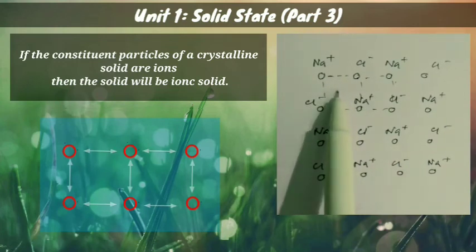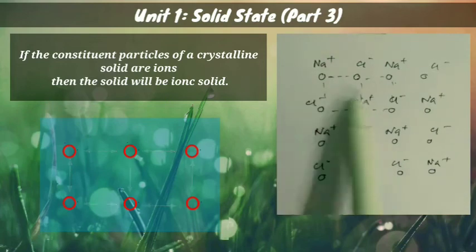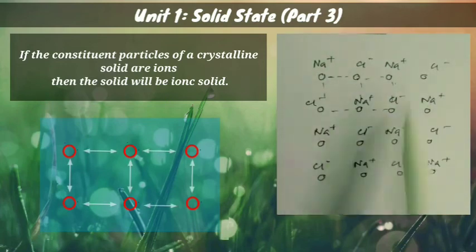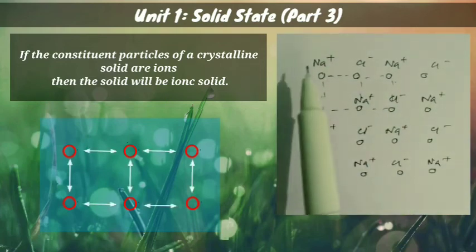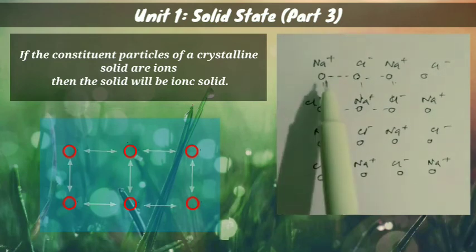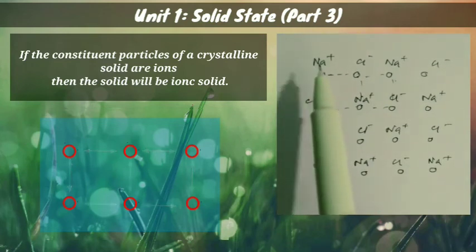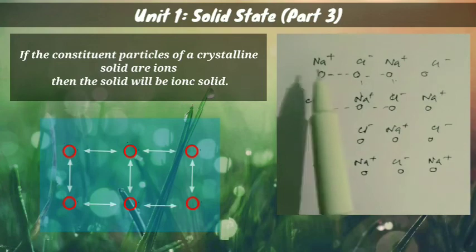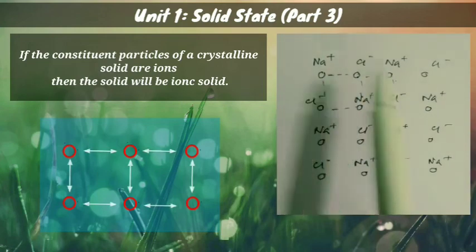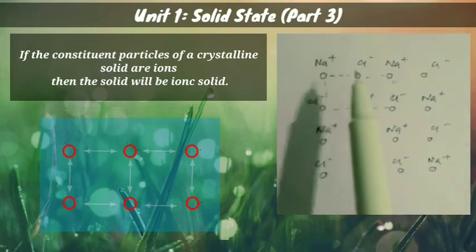Since the ions are not free to move, they cannot move freely. We already know this: the constituent particles cannot move freely in the solid state. So they will not conduct electricity, even though they are ions. This is a very important point.